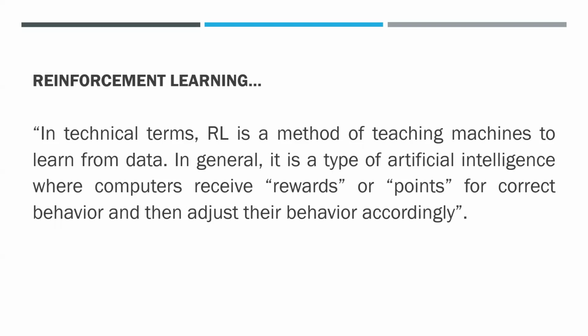In general, it is a type of artificial intelligence where the computer receives rewards or points for correct behavior and then adjusts its behavior accordingly. Normally, we have already seen this reinforcement learning while playing games. When we take a proper move, we get rewards while playing the games, right?